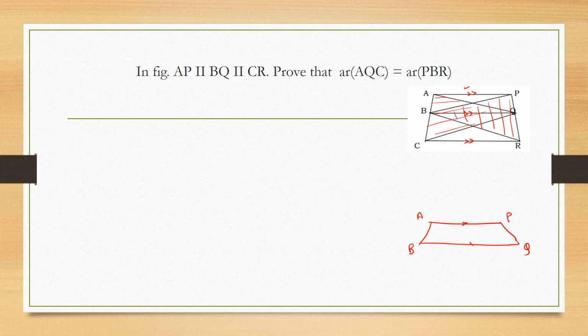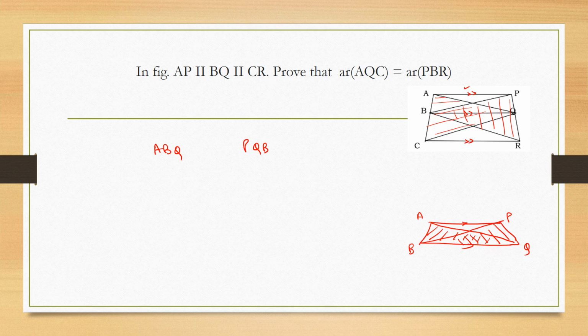These two lines are parallel and these two triangles, that means ABQ and PQB, these lie in between the parallel lines with the same base, right?